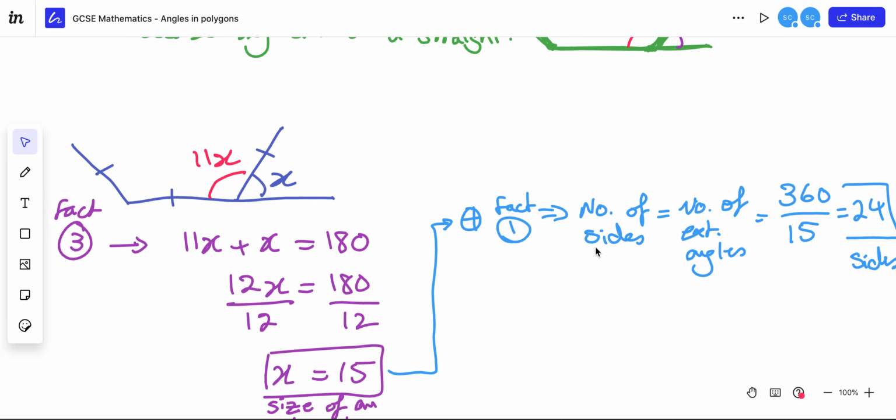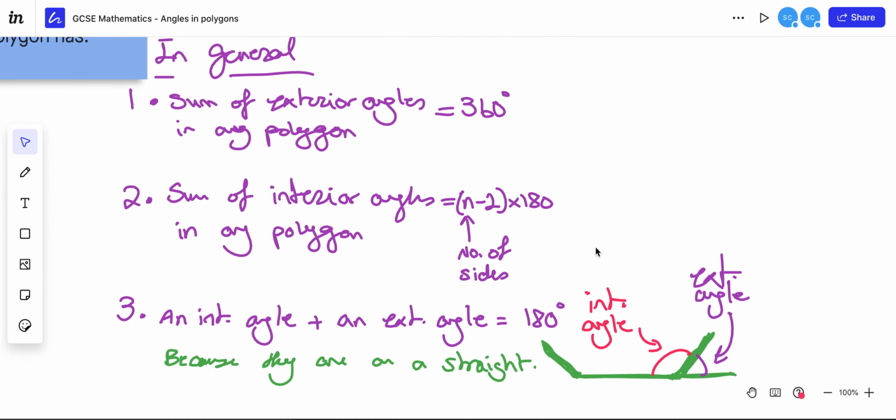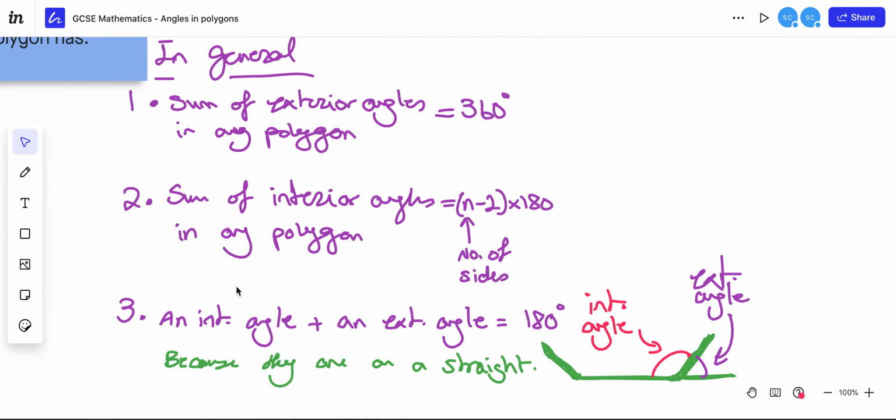Please always remember the 3 facts about angles within polygons. It's very important that we remember it's the sum of exterior angles or the sum of interior angles. Normally, the majority of students ignore the fact that it says sum of exterior angles or sum of interior angles, so please do not forget about the sum of angles.